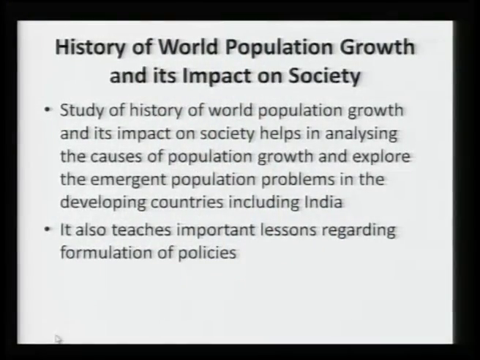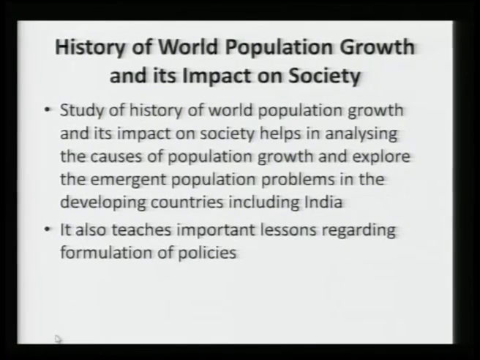Now, the history of world population growth and its impact on different dimensions of society is an important topic. This study helps in analyzing the causes of population growth and exploring the emergent population problems in the developing countries, including India.